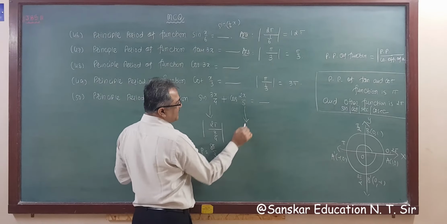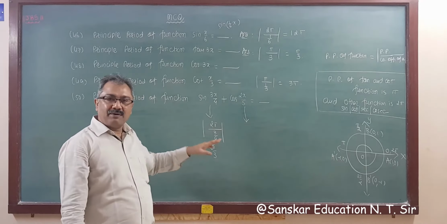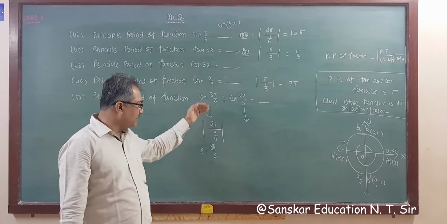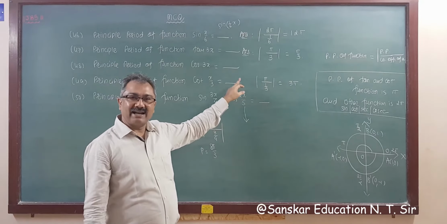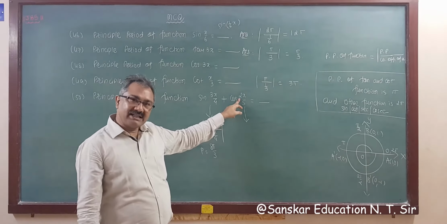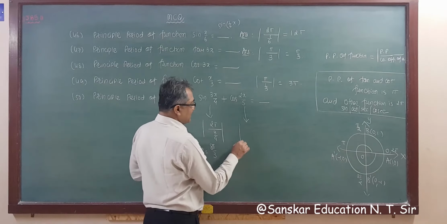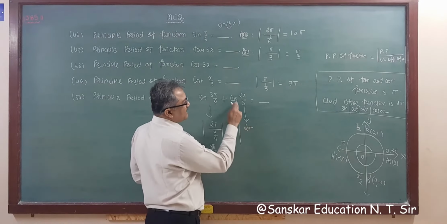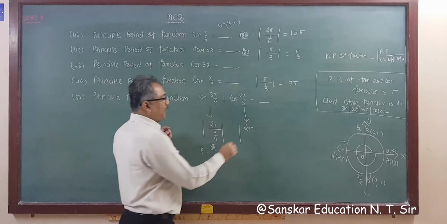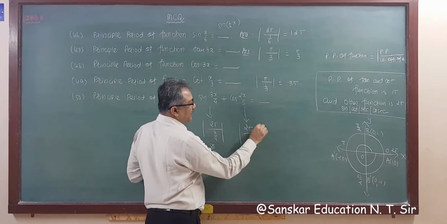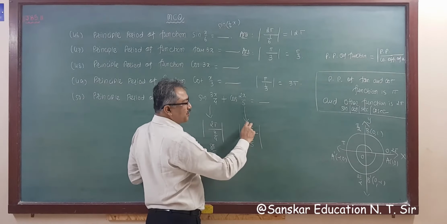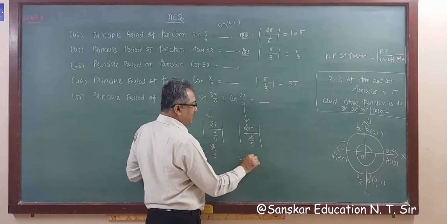And for this one, can you now say it directly? It is 10 pi divided by 2, that is 5 pi. How? The principal period of cos is 2 pi upon the coefficient of x, that is 2 by 5. So this 2 will be cut, 5 goes to the numerator, so your answer will be 5 pi.